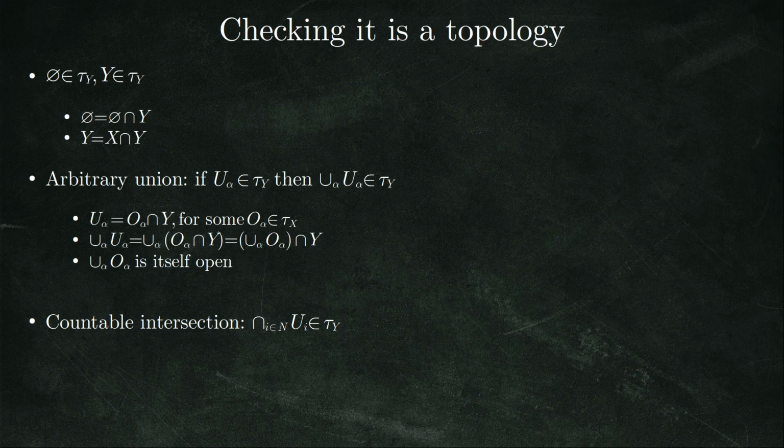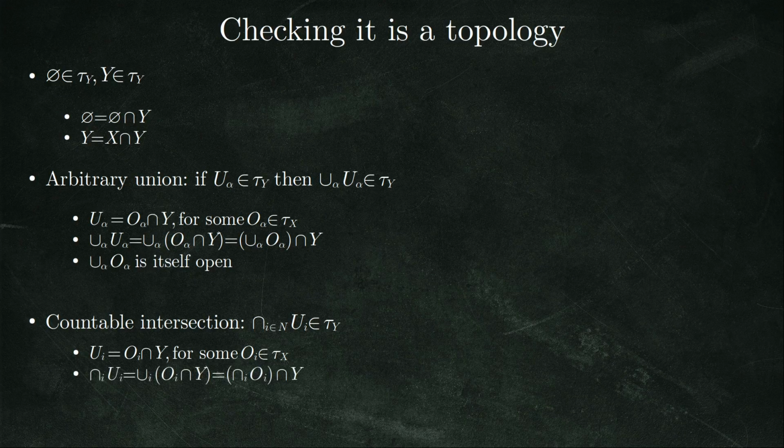Okay, now you've had a go, let's go through how to check that it obeys the countable intersection axiom. It's the same thing. We say U_i is equal to O_i intersect Y for some open set in the original topology.